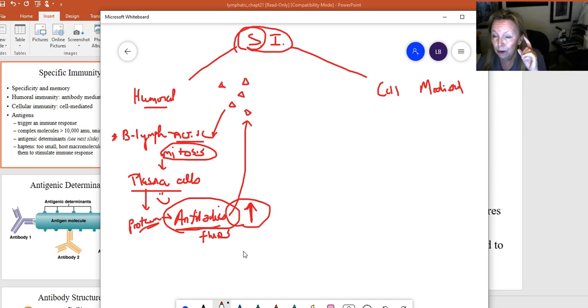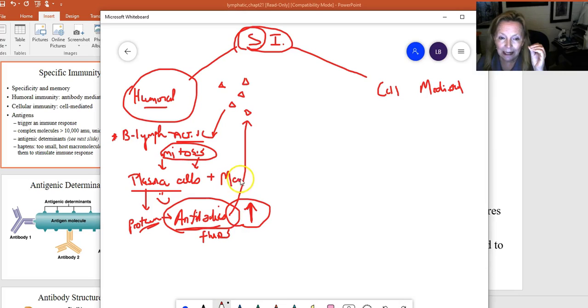The true beauty of this entire humoral immunity is that not only will the mitosis make plasma cells, but when these plasma cells are first made, there will also be a few memory B cells produced. These memory B cells will last for decades.